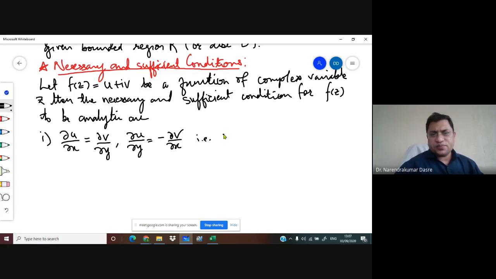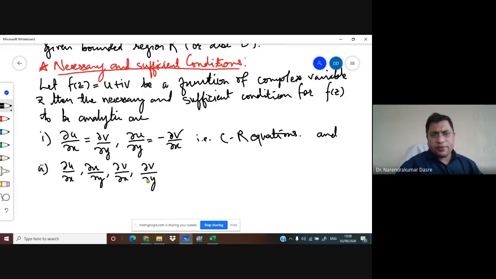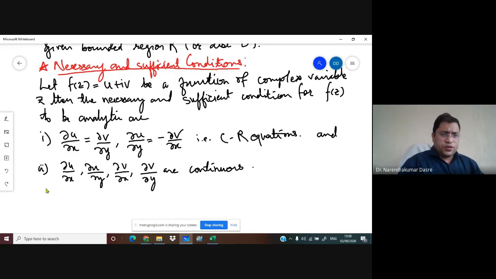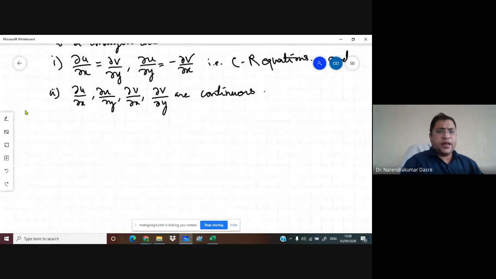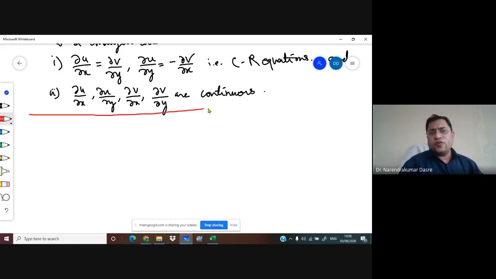These are called CR equations, the Cauchy-Riemann equations. And the second condition is that ∂u/∂x, ∂u/∂y, ∂v/∂x, and ∂v/∂y are continuous. So these are the necessary and sufficient conditions for a function to be analytic.